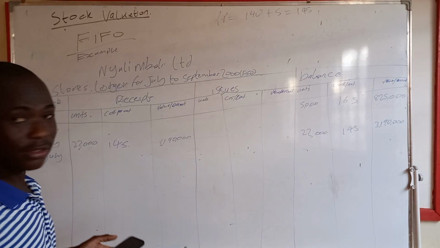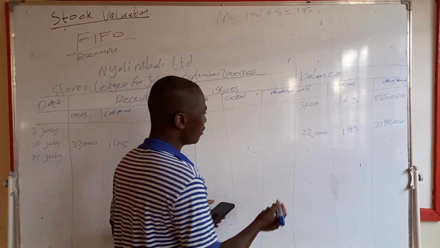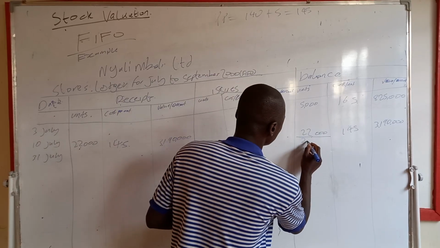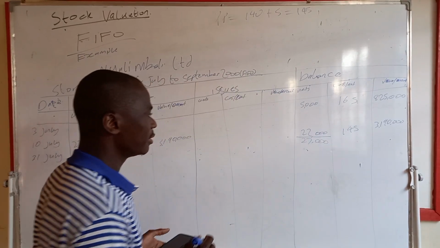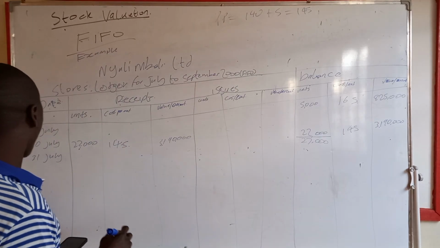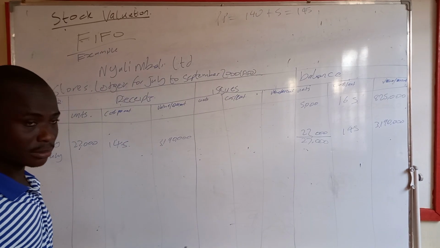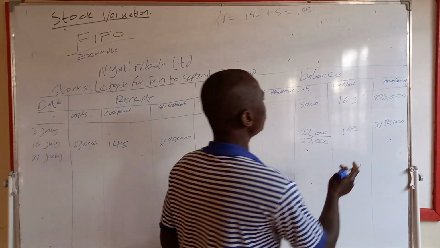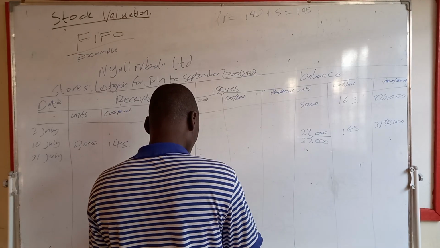Most of the time, if you want to be on the safe side, do your math and get what you have here. This is 27,000. That's what you have on the opening day of 31st July. Tiles, what is the price? The price will simply be the addition of the two. So you add them.